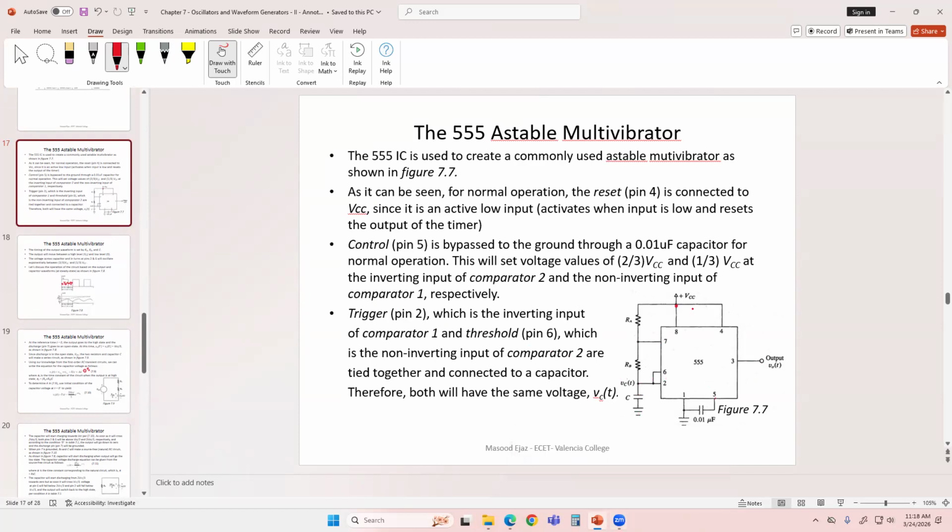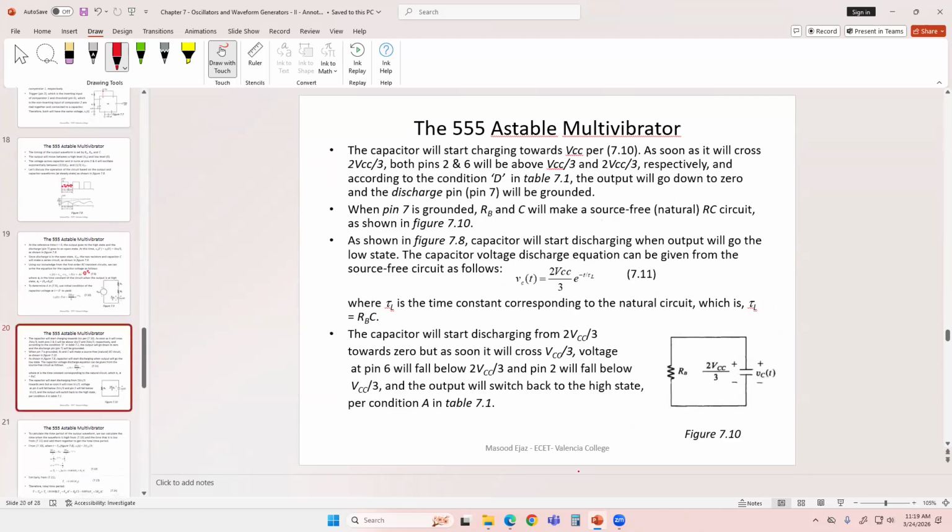When pin number 7 is grounded, now you don't really have any voltage connected to RB and the capacitor. It's going to be pin number 8 voltage connected to RA and then going into the ground. And then you have this circuit with ground, RB, and capacitor. And that's what you see over here. Pin number 7 is grounded.